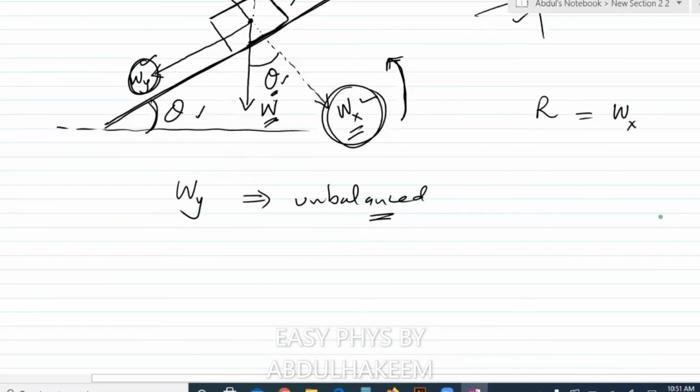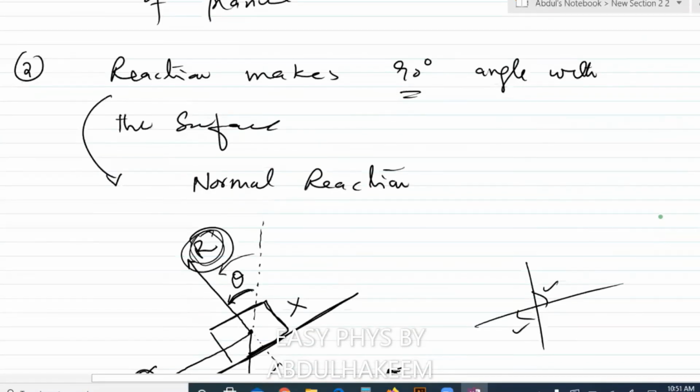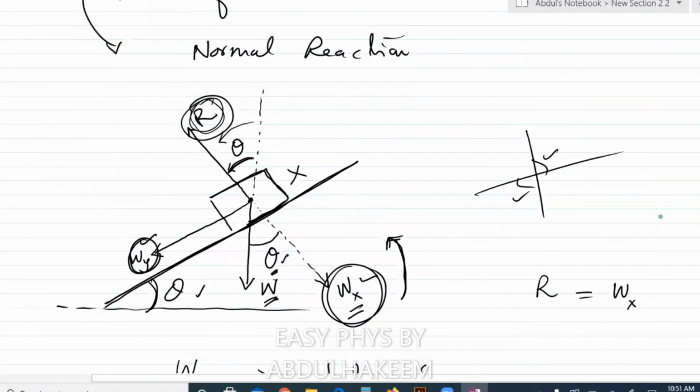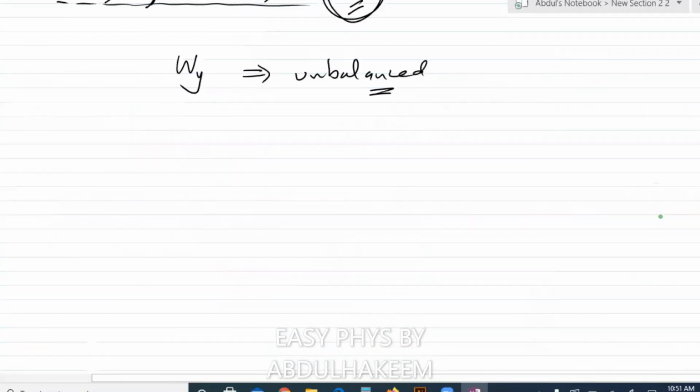There is nothing at the back because we are already saying that this is a frictionless surface. So if there is no friction, there is no force at the back. So WY is unbalanced, and according to Newton's second law, every unbalanced force produces acceleration, which is equal to ma. So the unbalanced force is equal to ma.